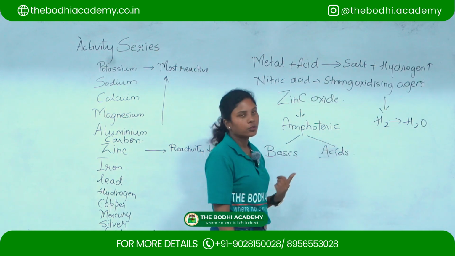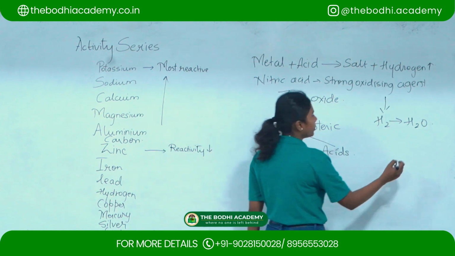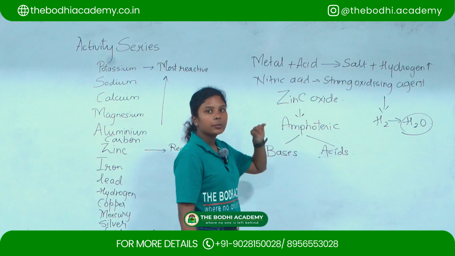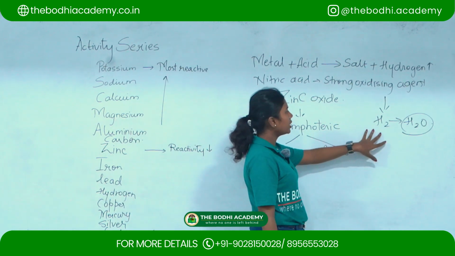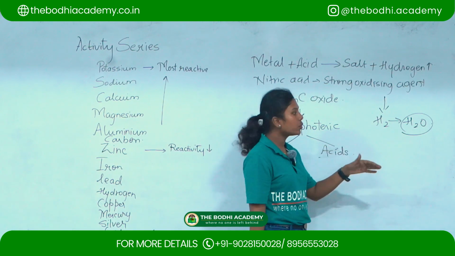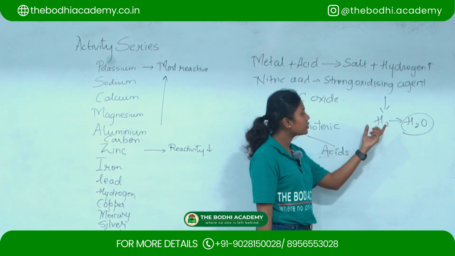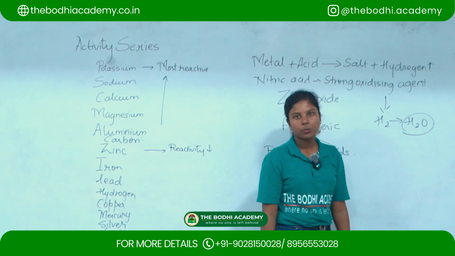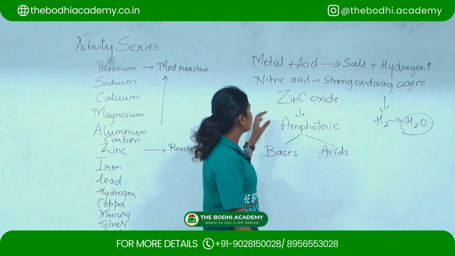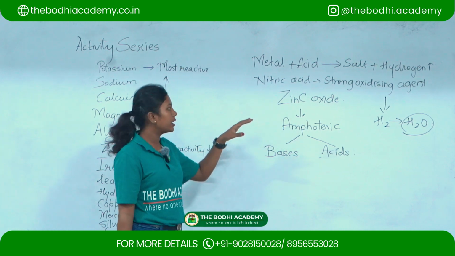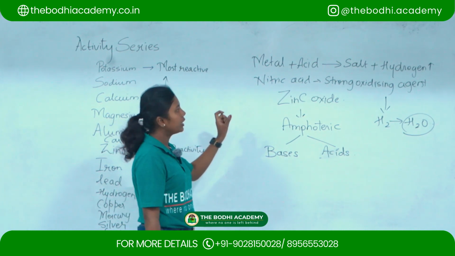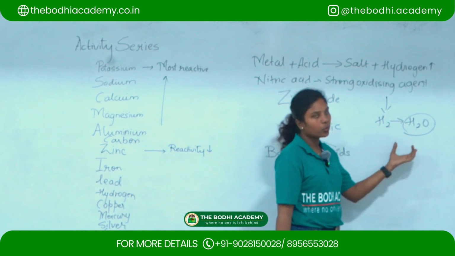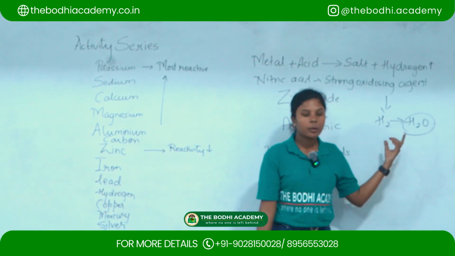So instead of hydrogen release, we will end up getting a water molecule. Nitric acid being a strong oxidizing agent forces the hydrogen to react and form a water molecule. So that is the reason. This is an exception wherein nitric acid, when it reacts with a metal, will not give us a release of hydrogen gas. Instead, it gives us a water molecule as a byproduct.